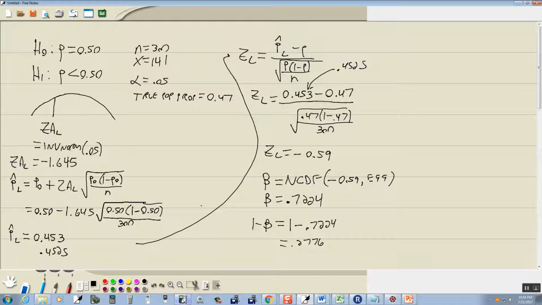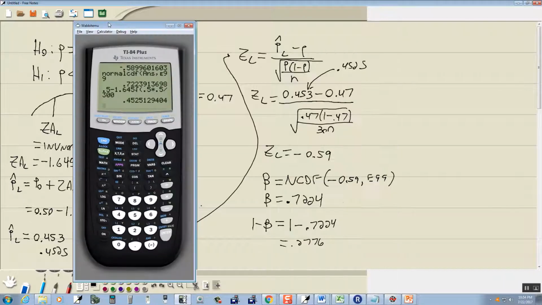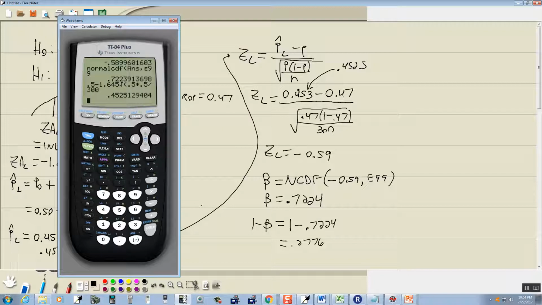So if I plug that in, beginning parentheses 0.4525 minus 0.47 close parentheses, divided by the square root of 0.47 times 1 minus 0.47, close parentheses, divided by 300.